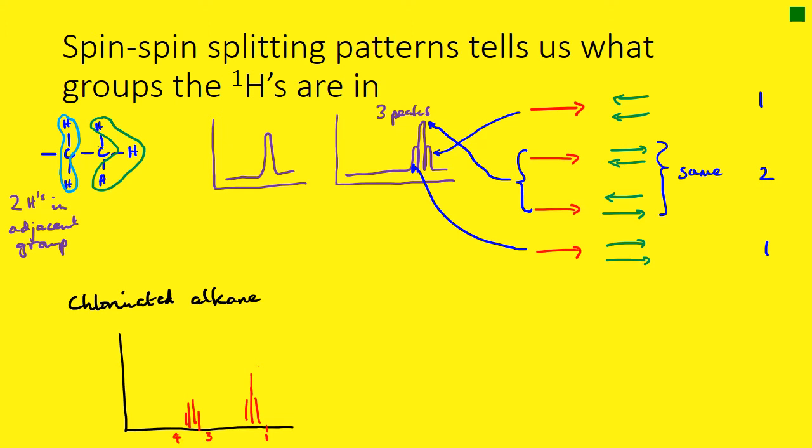We're given a table to go with it, and the table gives us our shift numbers of 1.2 and 3.4, and it gives us the integration ratio as well of 3 and 2. So I'll just call integration ratio IR, and from that we've got to work out what the molecule is.